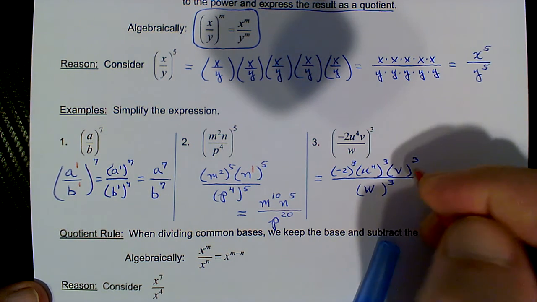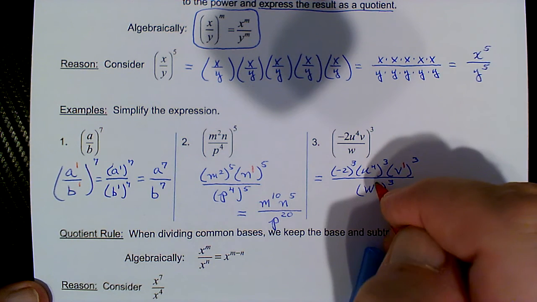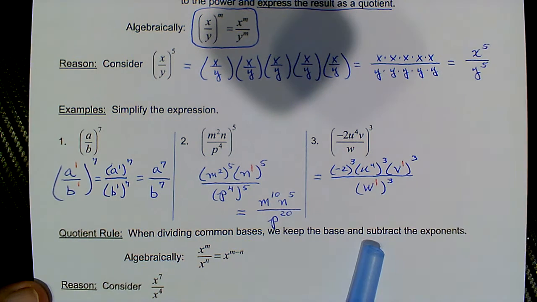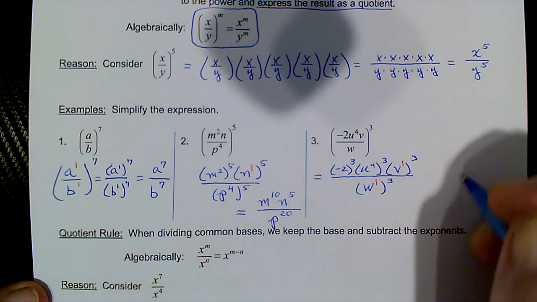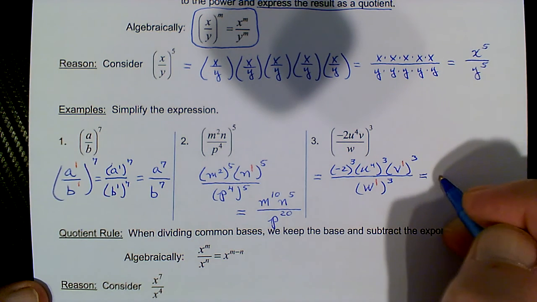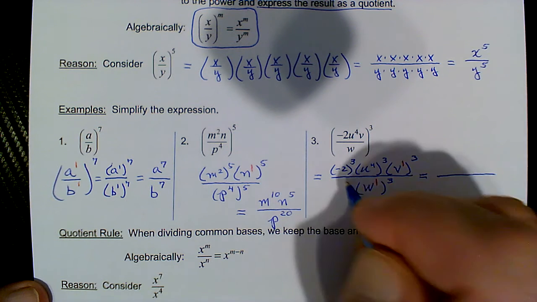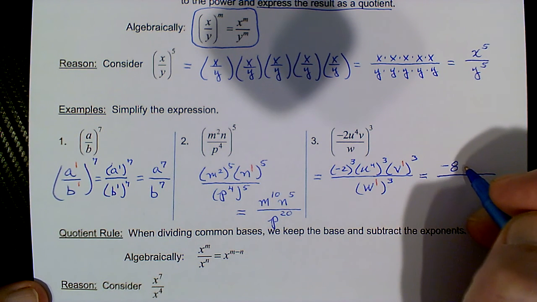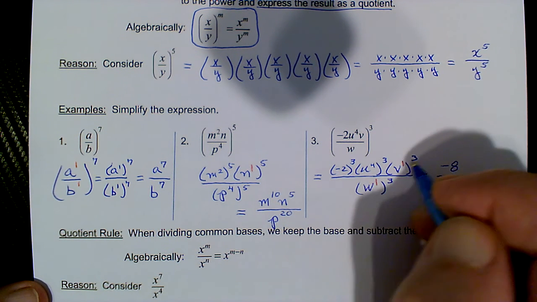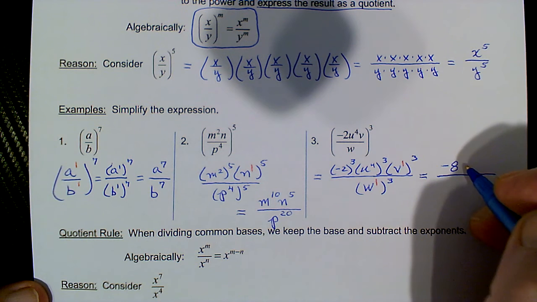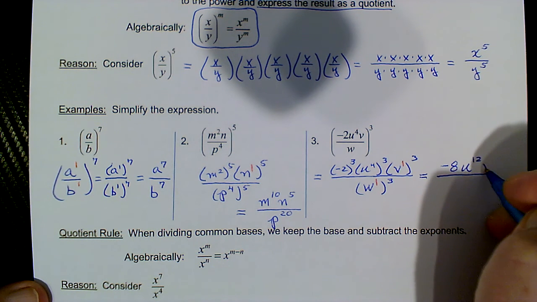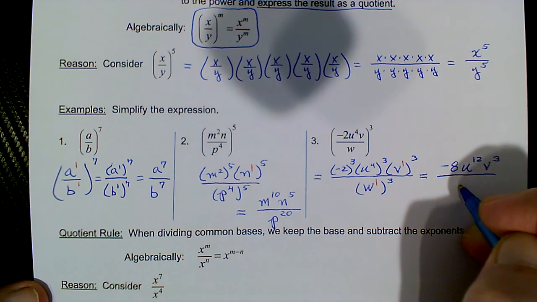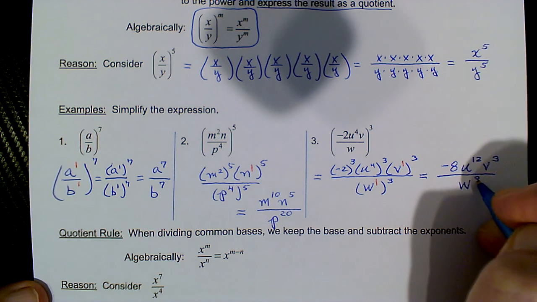And it's understood once again, if you want to slide the 1's in there, is the exponents on v and w. And then just evaluate each of those powers. Keep it as a quotient. Negative 2 cubed is negative 8. Here we have a power of a power again for each of the variables. So multiplying exponents, we get u to the 12th, v to the 3rd, over w to the 3rd.